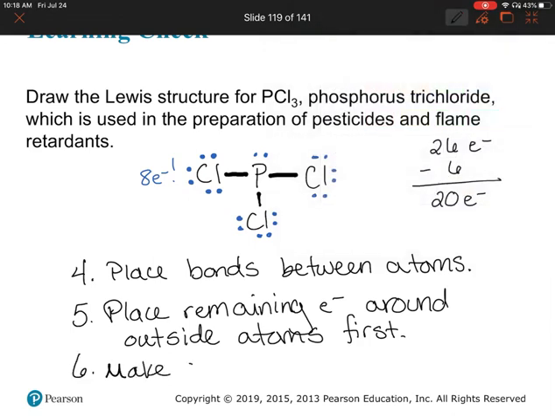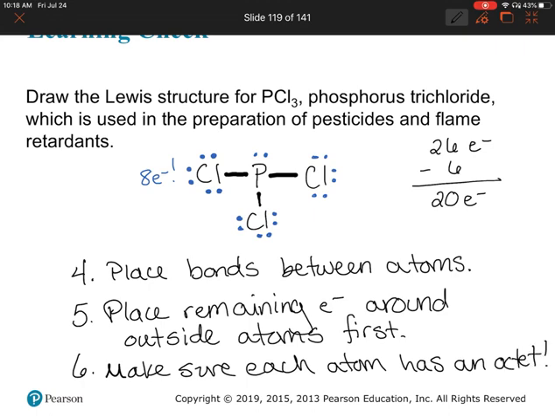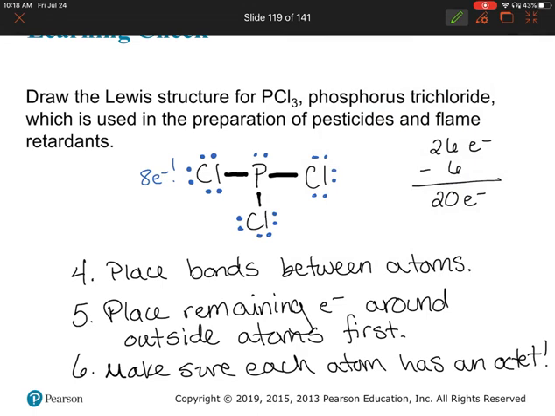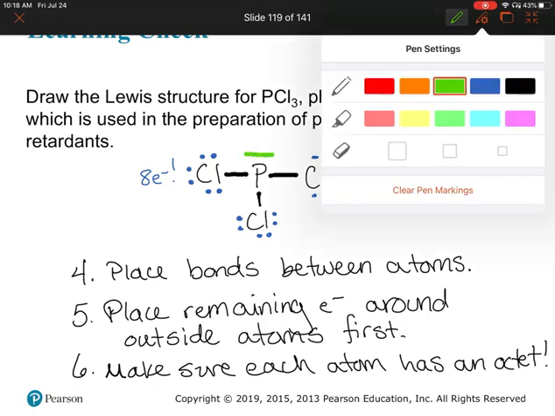So make sure each atom has an octet. All right, so let's highlight what phosphorus has. So phosphorus has ownership over, oh, I did not mean to do that. Let's see.